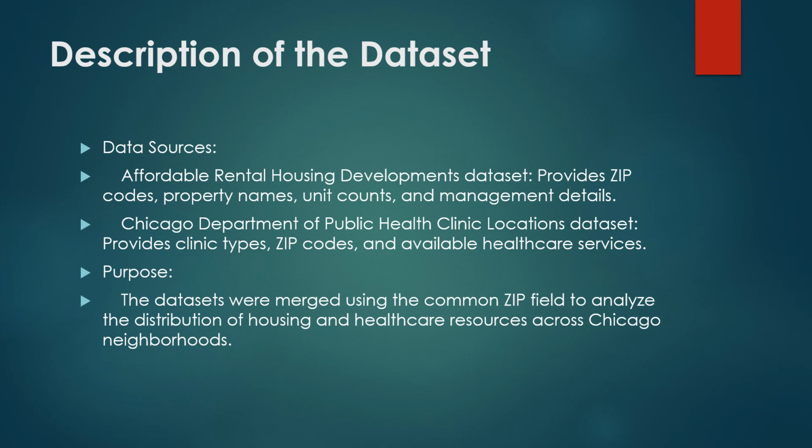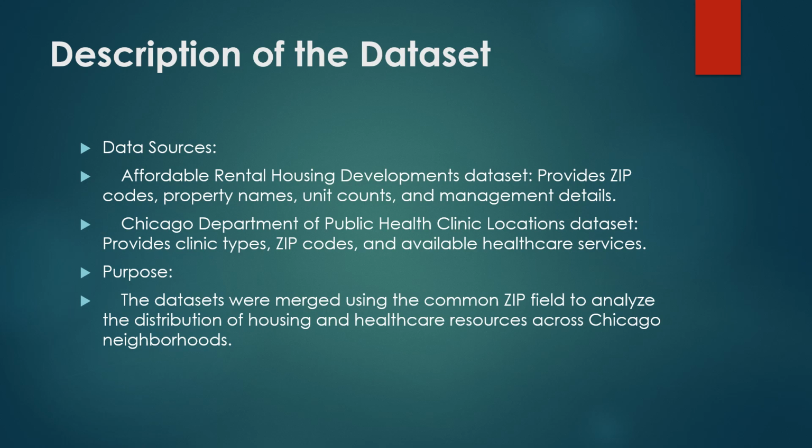So for the purpose of this project, the data sets were merged using a common column. That's the zip codes, to analyze the distribution of housing and healthcare across Chicago neighborhoods.